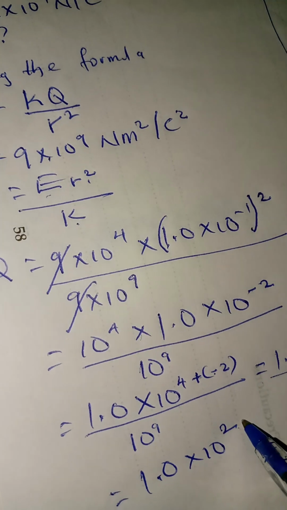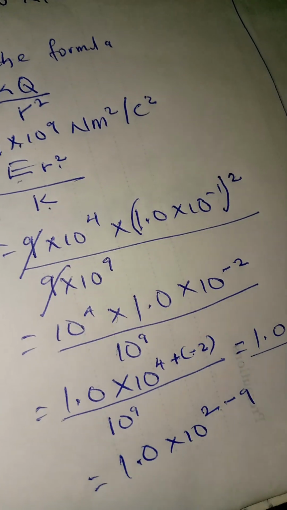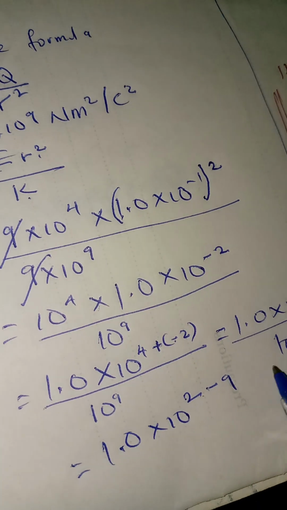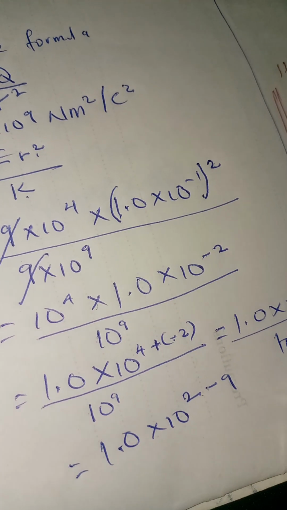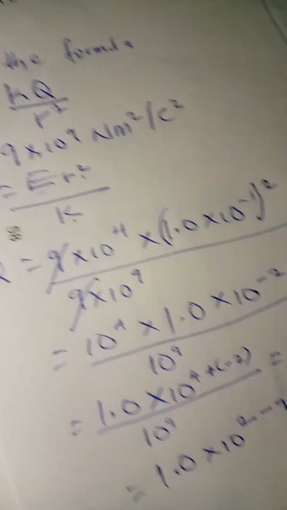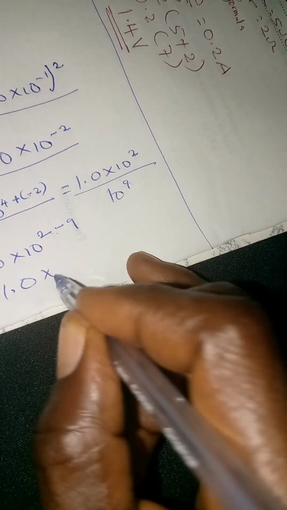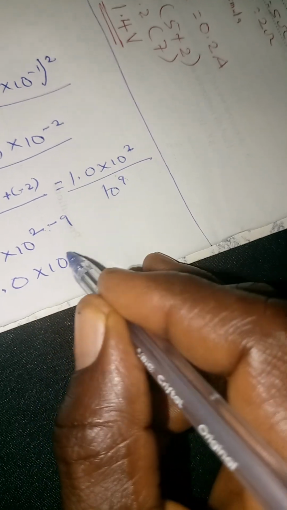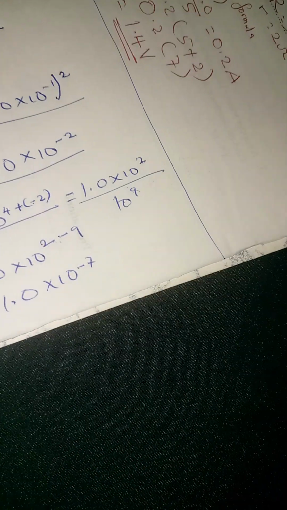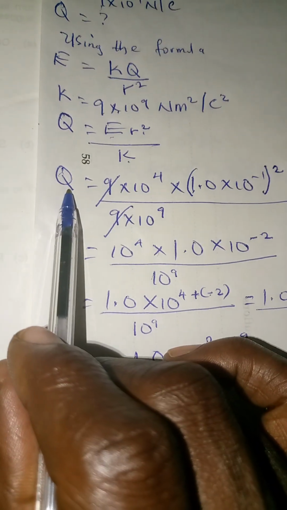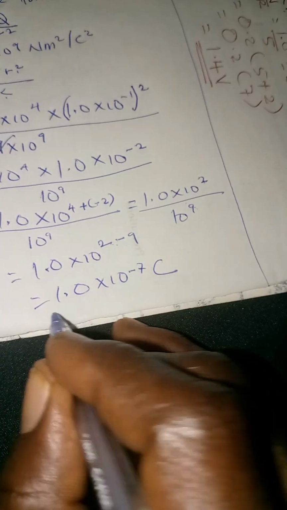Division law says minus, so you do minus 9, because 10 and 10 are the bases and they are the same, so you pick one. So you are going to have 1.0 times 10 raised to power 2 minus 9, which is minus 7. That's how it is being done, and your charge is measured in coulomb.